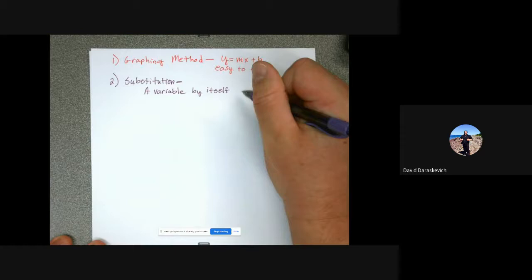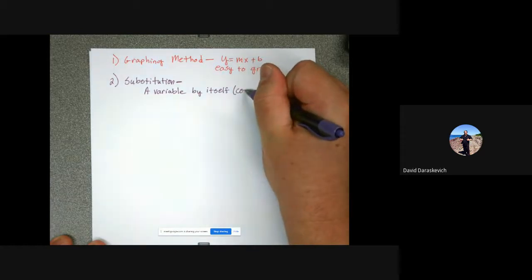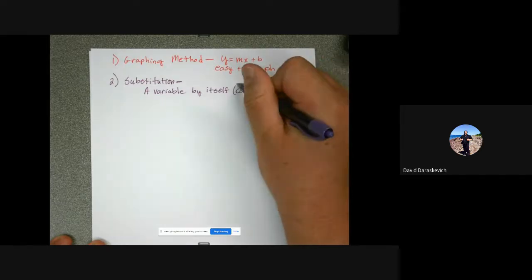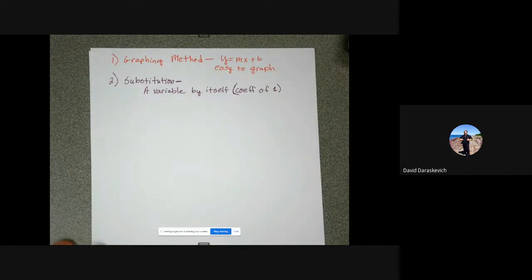What I mean by that is a coefficient of 1. Okay, and we'll take a look at that example.